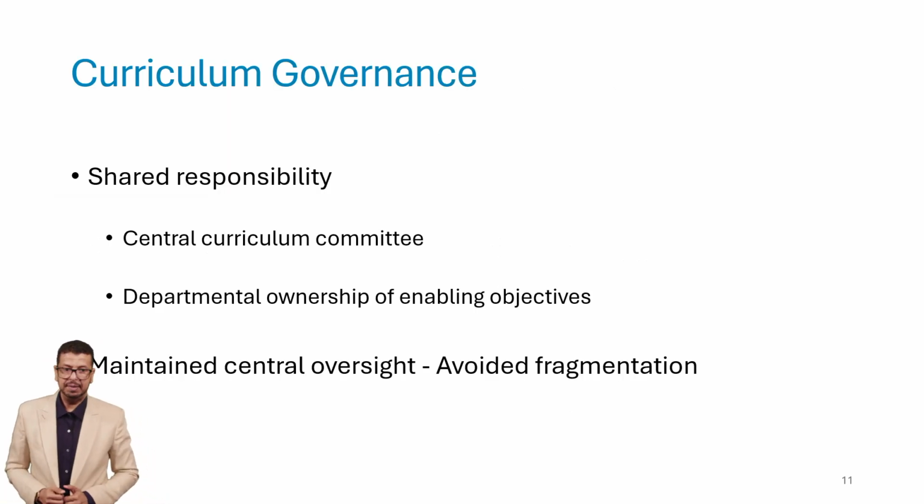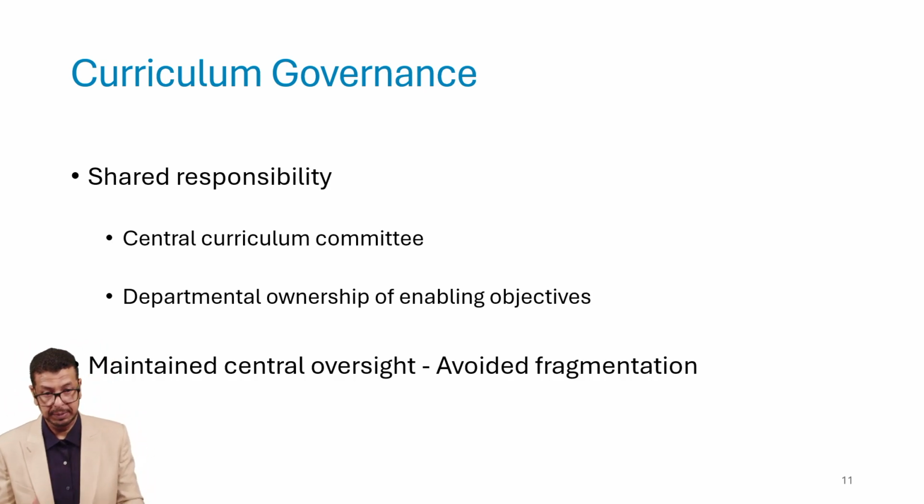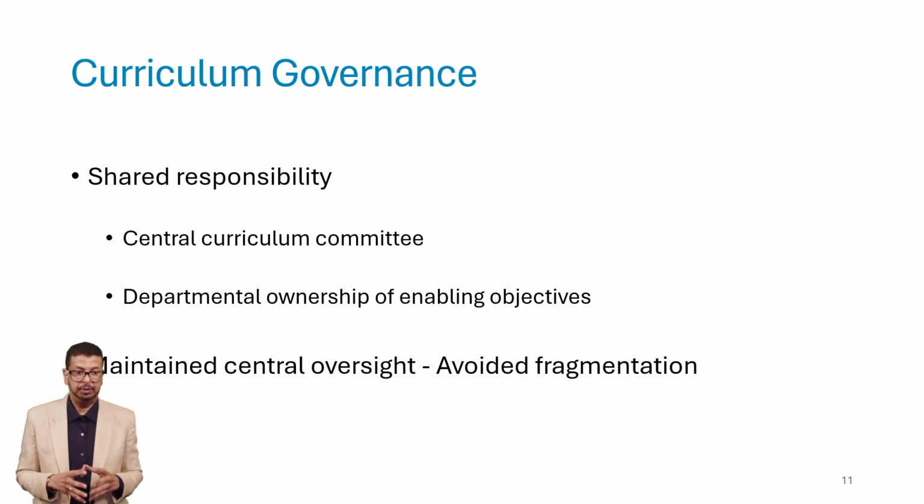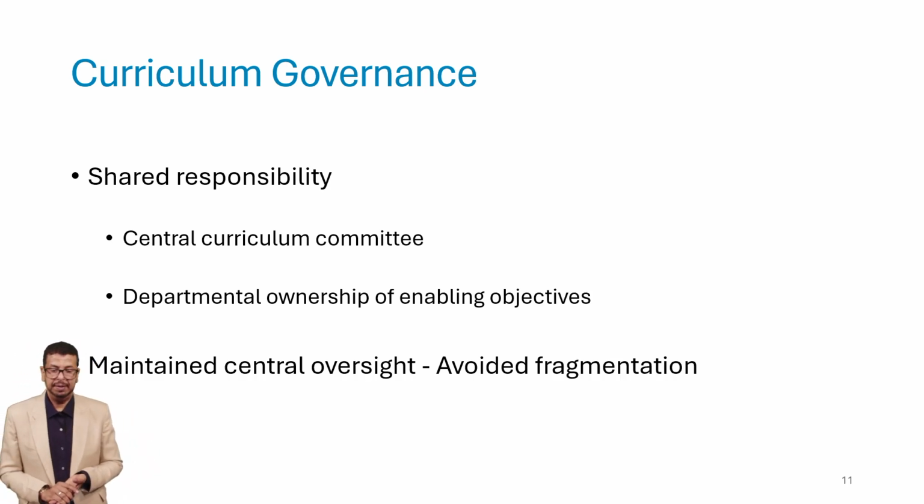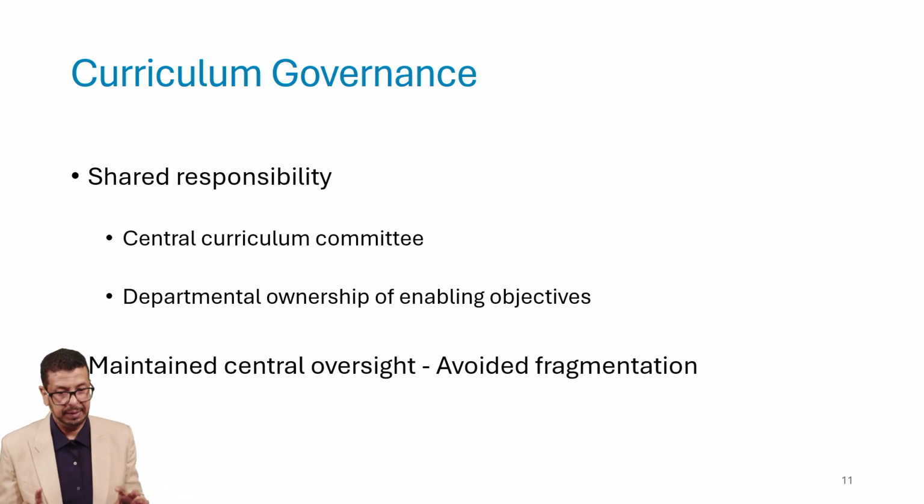The curriculum is governed by the curriculum committee; the central committee is accountable for the curriculum, with departmental ownership for the enabling objectives. The committee maintains central oversight to avoid fragmentation.